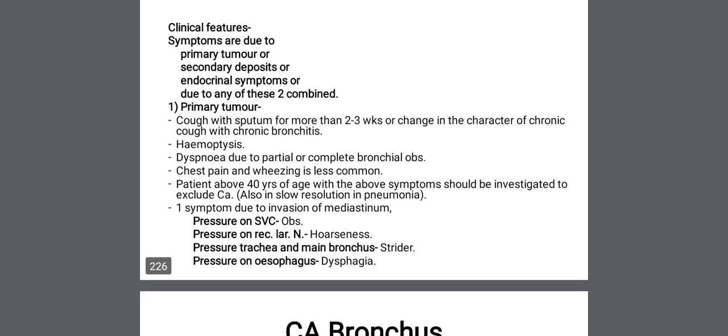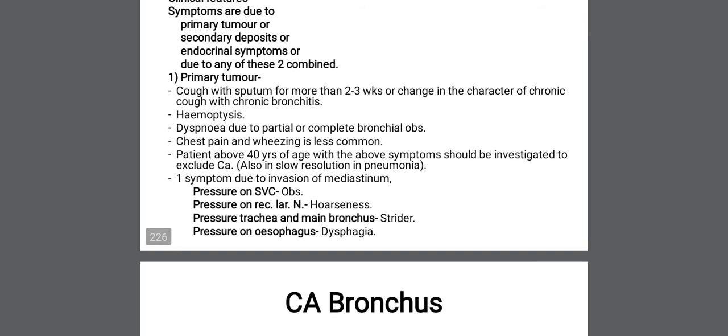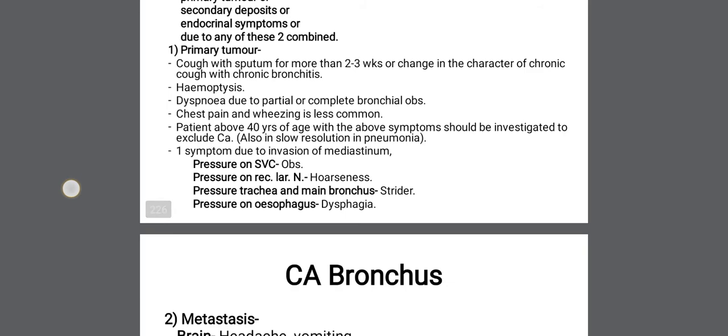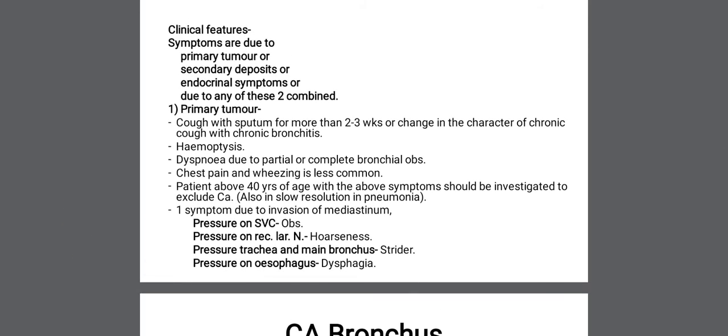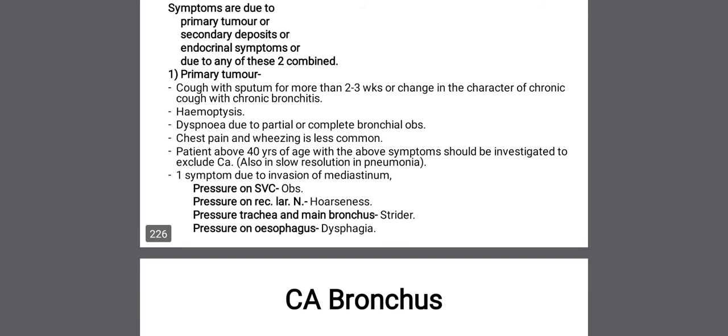When there is spread through the blood, then the liver, brain, bones, adrenal glands and skin may be involved. Then clinical features. These symptoms are due to the primary tumor, or secondary deposits, or endocrine symptoms. When there is a primary tumor, the three common symptoms are cough with sputum for more than 2 to 3 weeks, hemoptysis, and dyspnea.